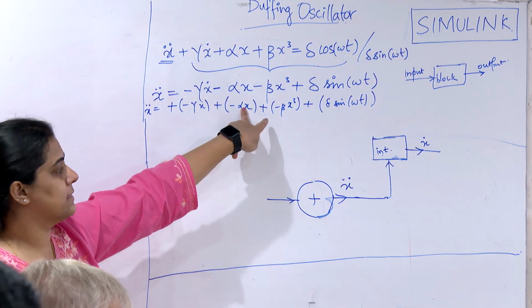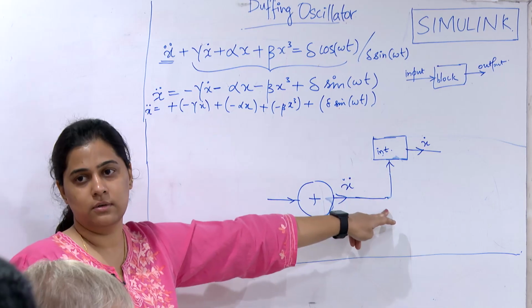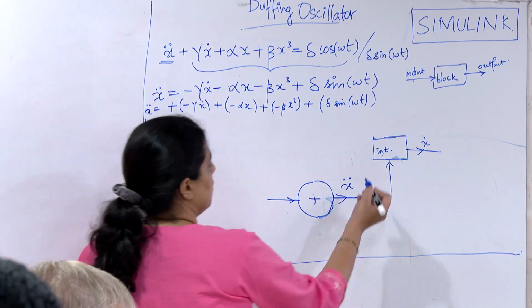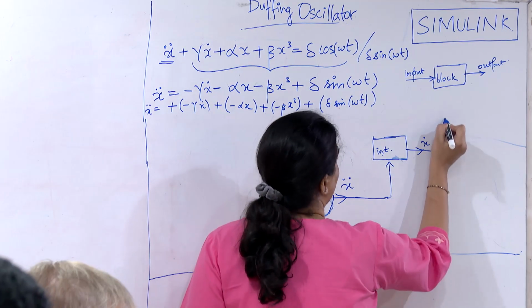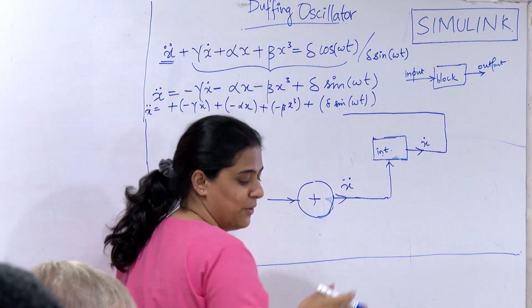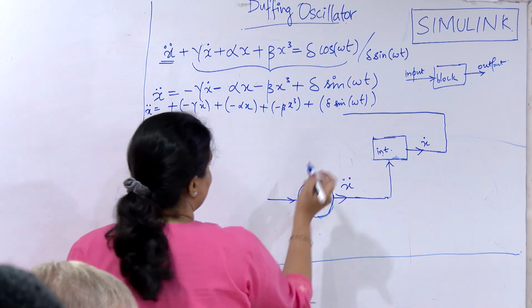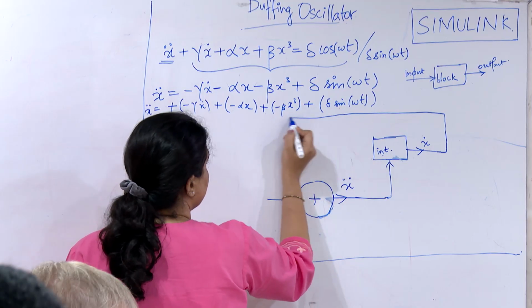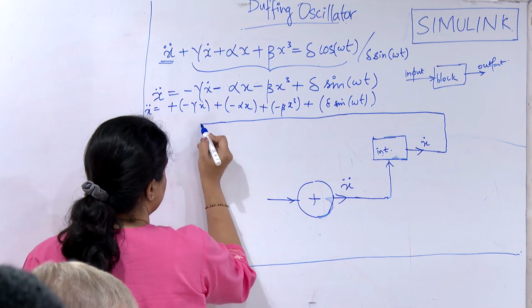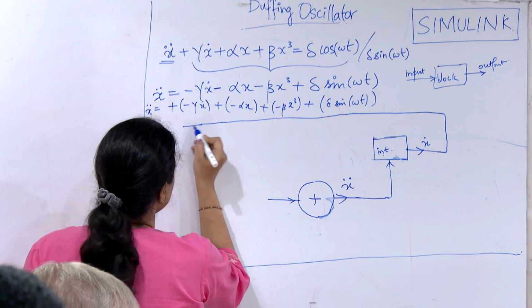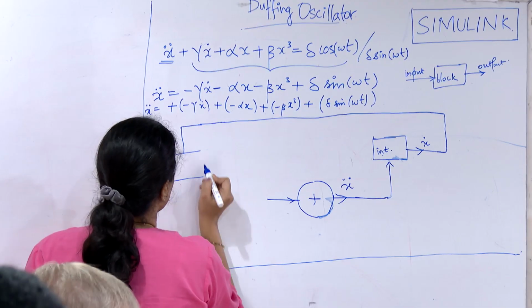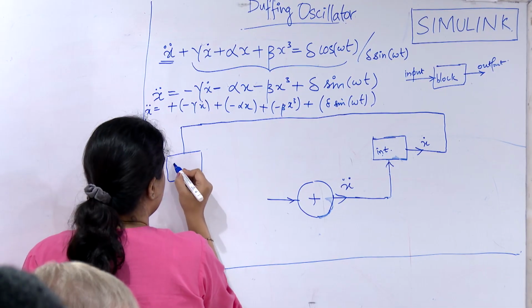Okay, so now you have got x dot. How will you get x? Integrating x dot, right? I am just putting this as an arrangement because I know in my head beforehand that it's going to be complex. I'll just put x here. So this is again an integrating block.